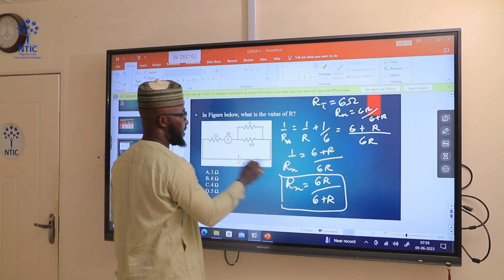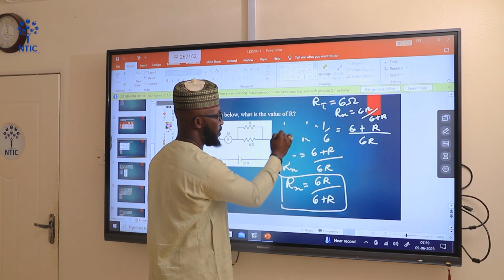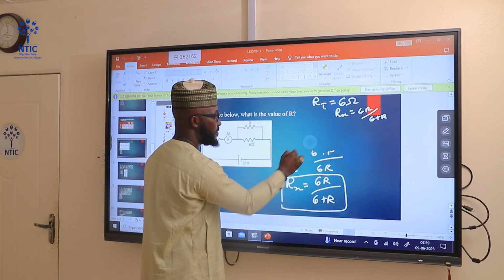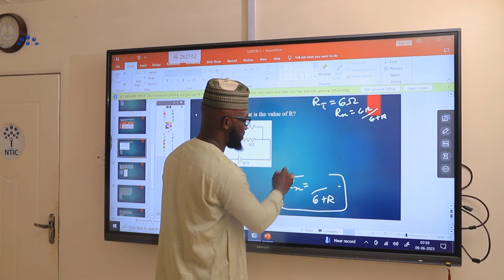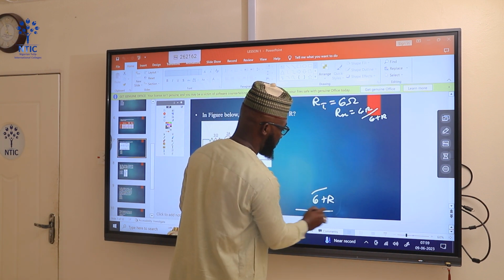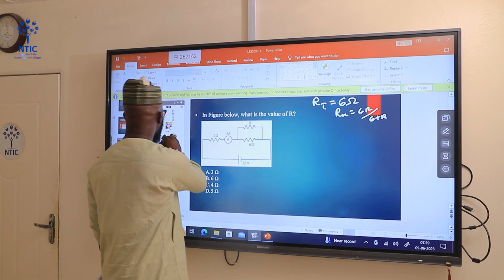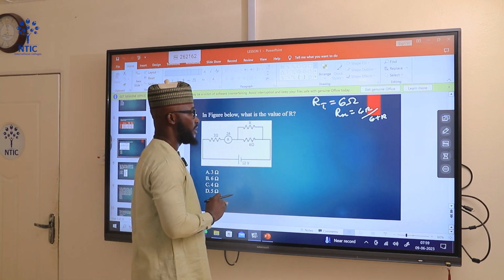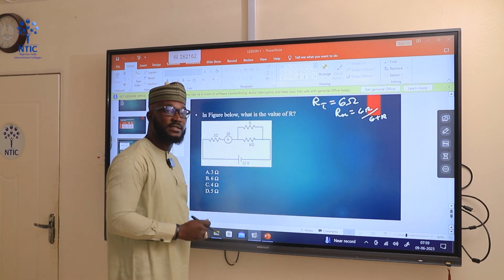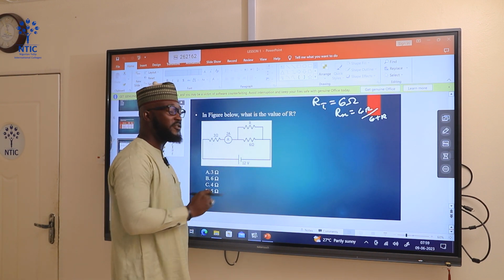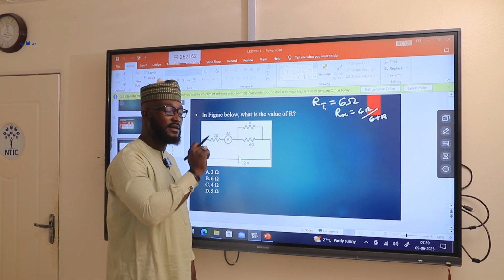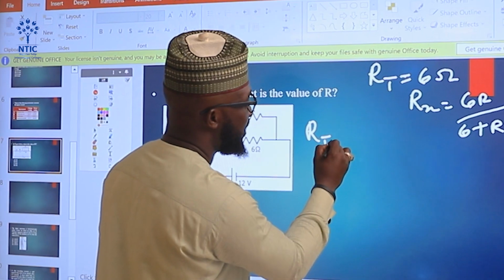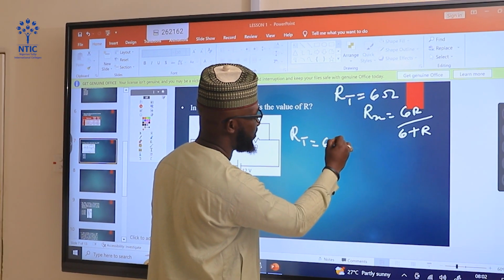So, let's go back. Now we've considered the resistors in parallel. Now we are about to take the resistors in series. Everything here is Rx, which is equal to 6R over 6 plus R. In order to find the resistance in series, we take RT as 6, as we have it up there.